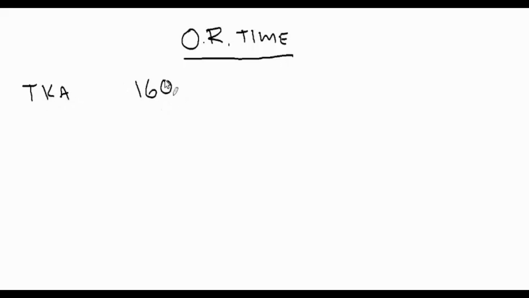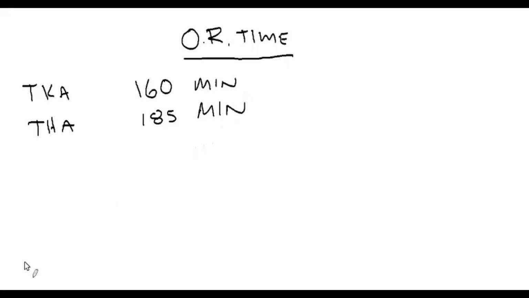So let's consider the second constraint on OR time. From the study guide, we know that the average time for a knee, a TKA, is 160 minutes. That's 160 minutes per TKA case. For hips, THAs, it's 185 minutes per case on average.